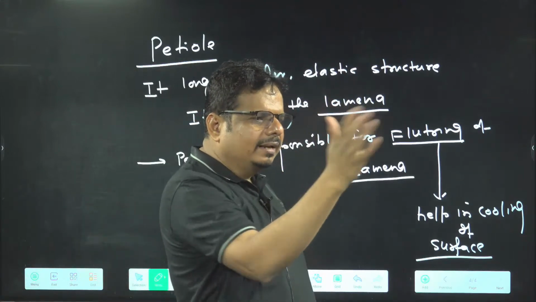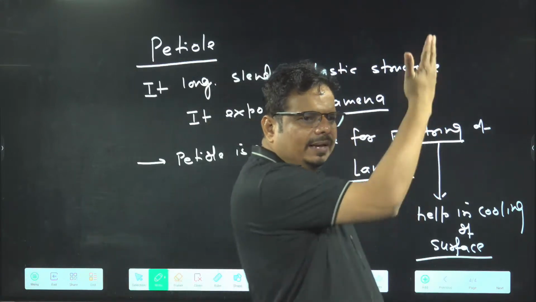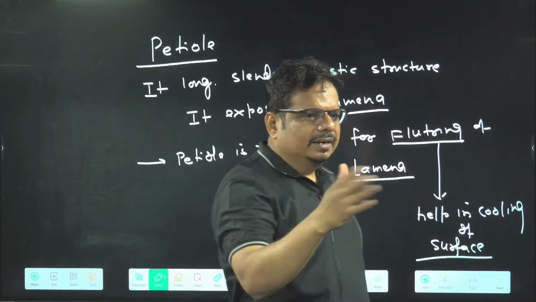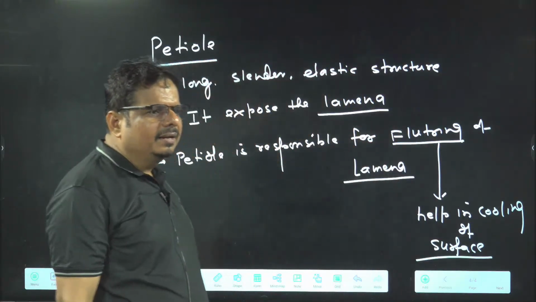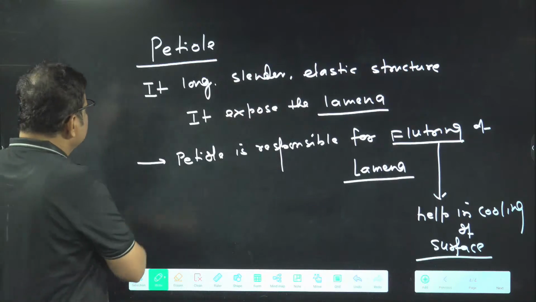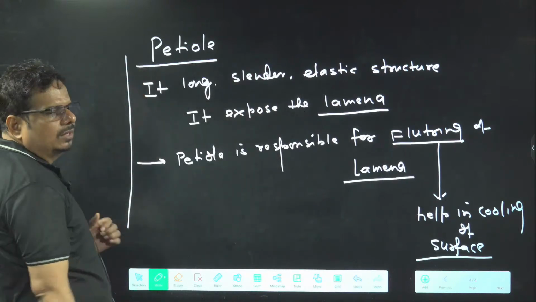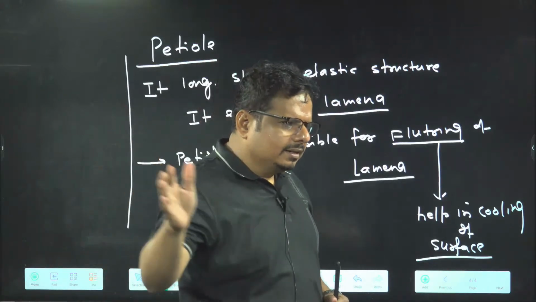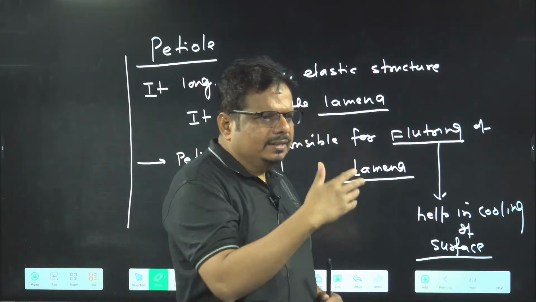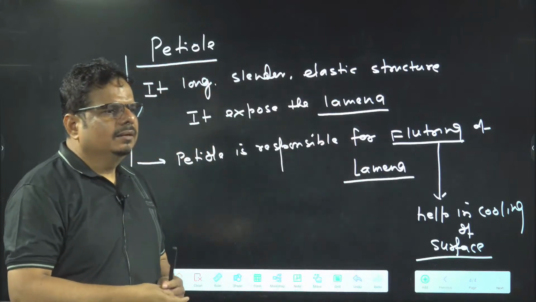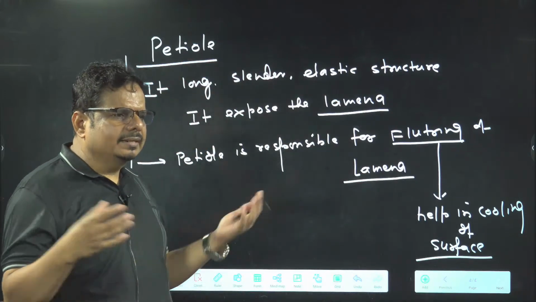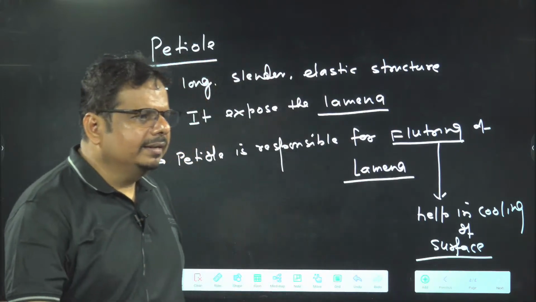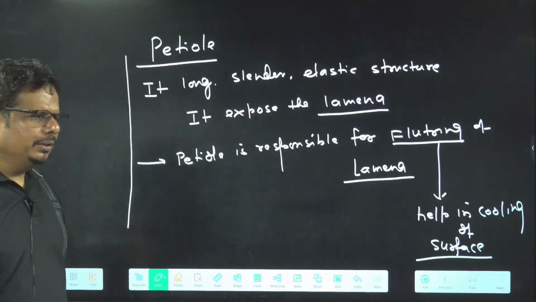Now when it is fluttering, the air present here moves away and fresh air comes. Getting the idea? Is it clear in the mind? So these are the functions performed by which one? Petiole. It is responsible for fluttering, and it is carrying fresh air near the leaf blade. Getting the things or not? Some gaseous exchange occurs in a proper way. Getting the idea? So this is about the petiole.